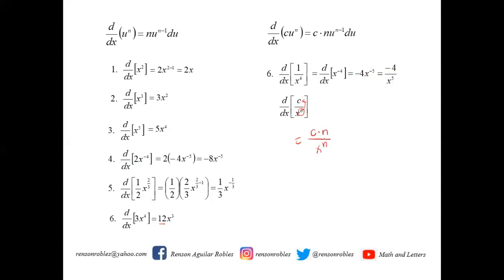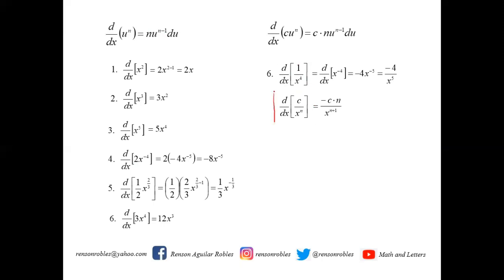Since the expression x raised to n is found in the denominator, instead of subtracting 1 from n, we shall now add 1. So that's x raised to n plus 1. And then you will oppose the sign. So that will become negative cn all over x raised to n plus 1. We shall use this formula.